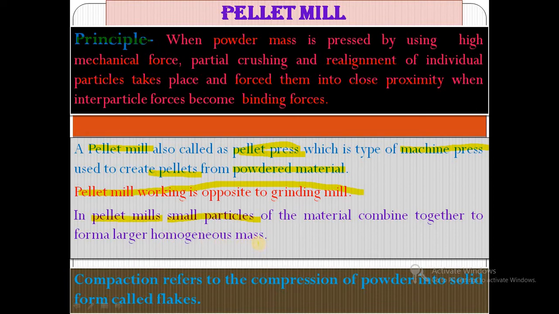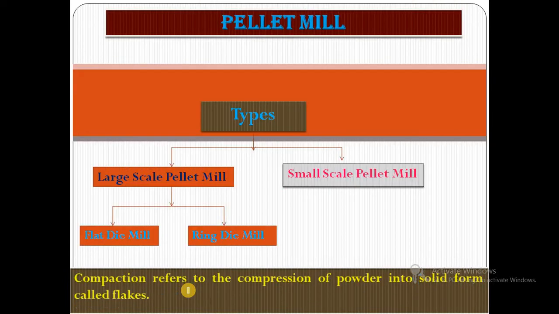So this is the main principle of pellet mill. Compaction refers to the compression of powder into solid form called flakes, that is, flakes of uniform size and shape will be formed by using this compaction technique.